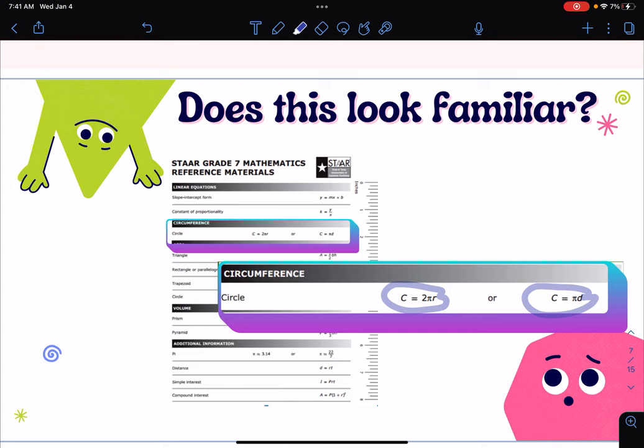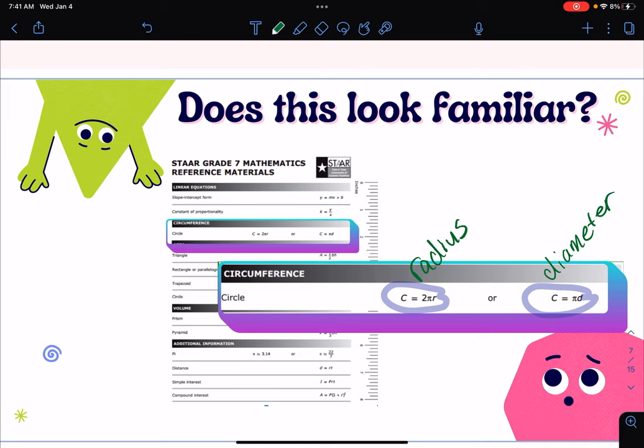So on your paper, I want you to write down both of these formulas. Essentially copy this down, circle, and then write the two. I want you to write radius for this one and diameter for this one. Or you could even write them underneath your circles.